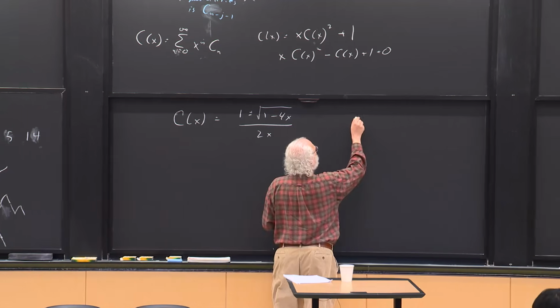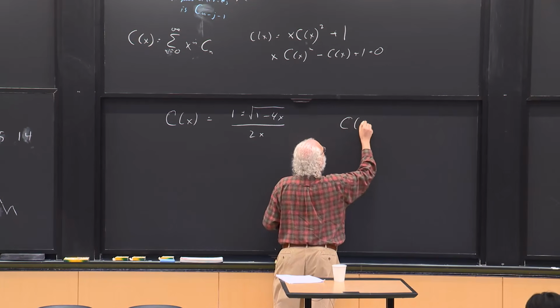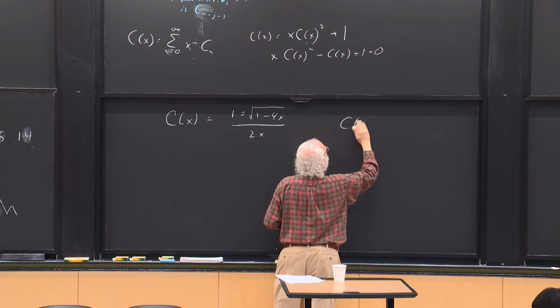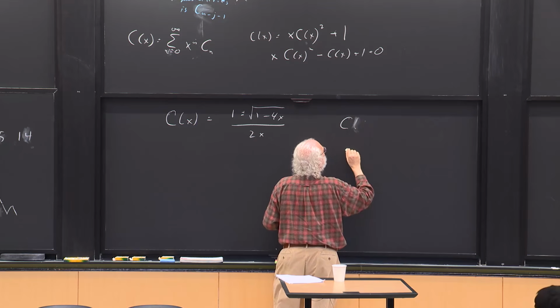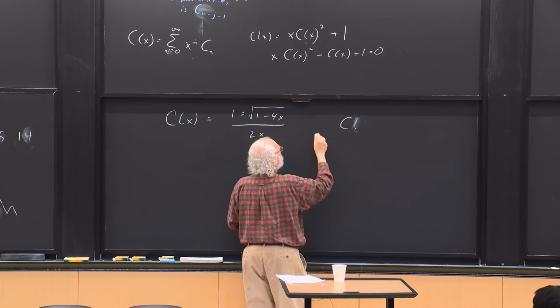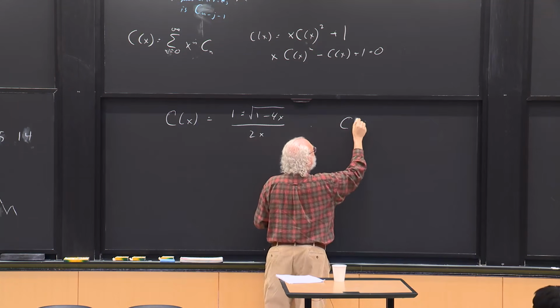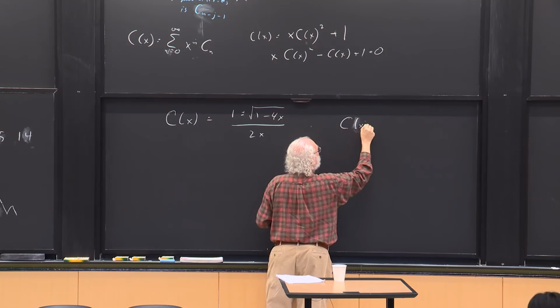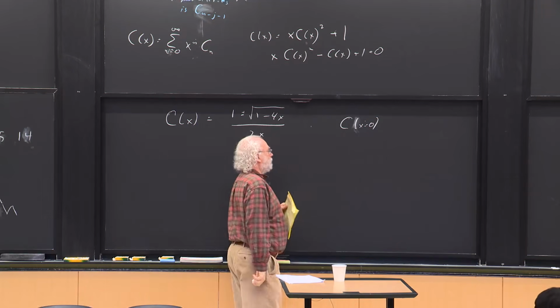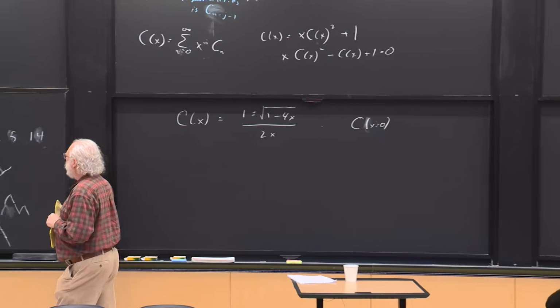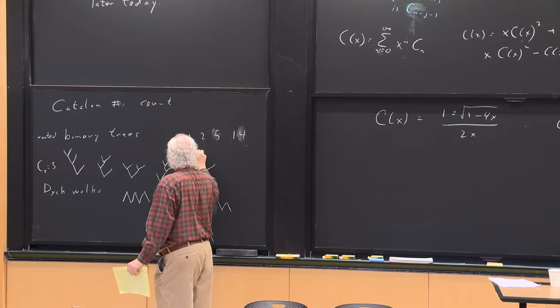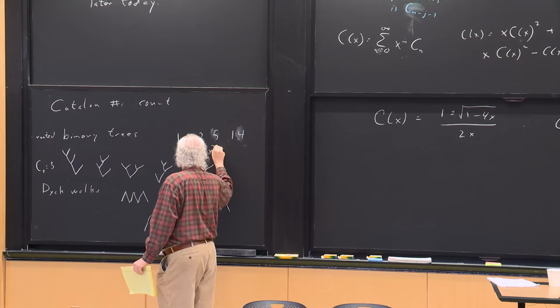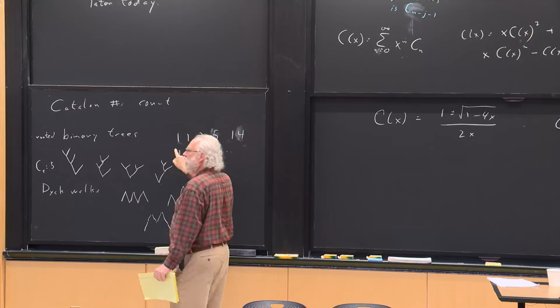Okay, so what do you get when you substitute x equals 0 in C? Well, you get 1 plus x plus 2x squared plus dot, dot, dot. You get 1.